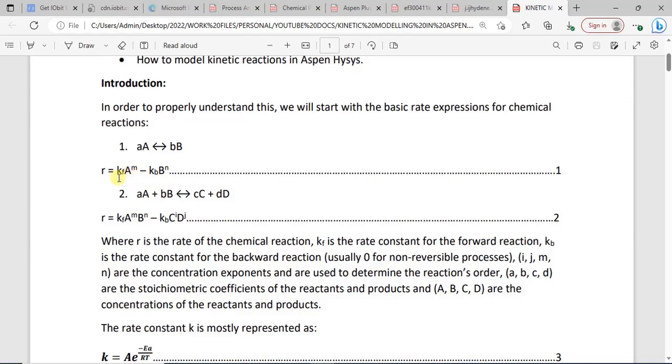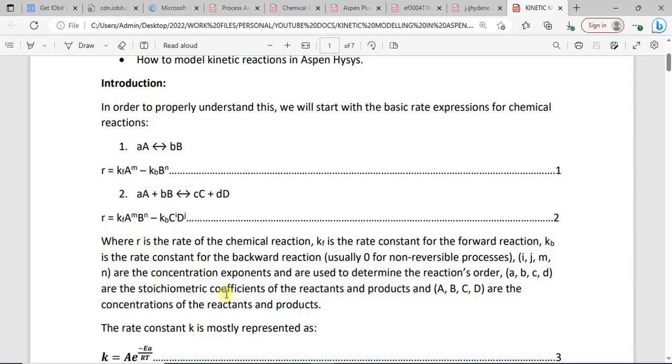In Kf A^m minus Kb B^n, the Kb term caters for the reverse process. Kf is the rate constant of the forward reaction, while Kb is the rate constant of the reverse reaction. So this rate expression is for a reversible process, as is the second one.